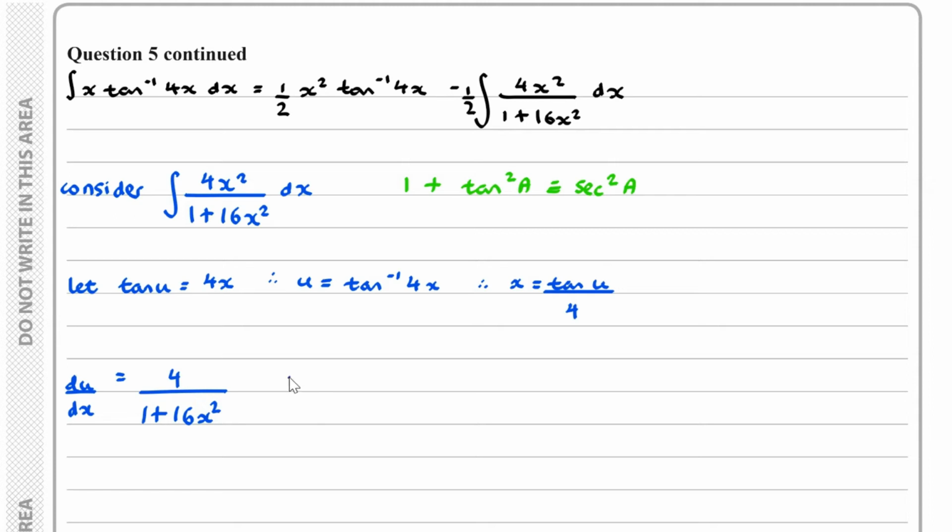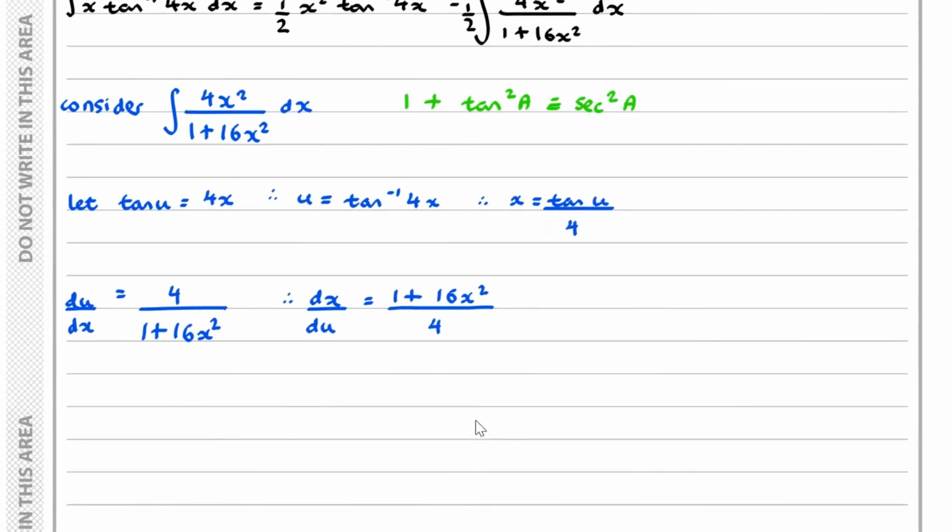So therefore, dx over du is equal to 1 plus 16x squared over 4. So what we can conclude from here is dx is equal to 1 plus 16x squared over 4 times by du.